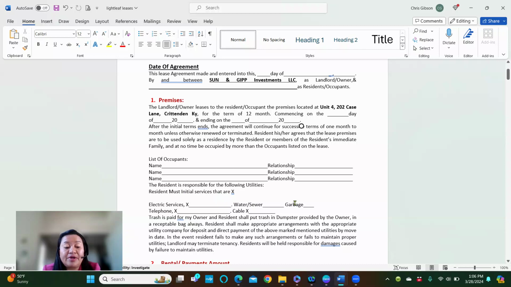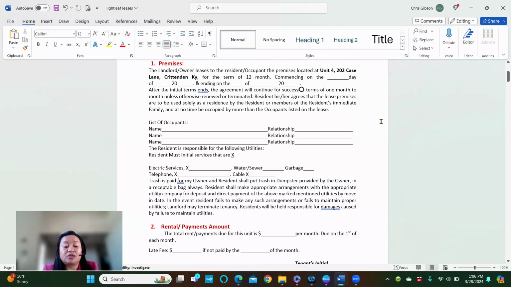So here about the utilities. In our rental property, we are the ones to pay for the water, sewer, and garbage, and the lawn care. The residents must sign up for the energy bill because they are responsible for it, so they must sign here or just initial.